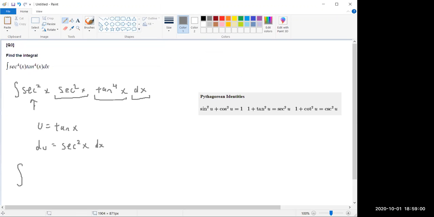We're using that second one, right? We're using this one right here. Yeah, I had it mixed up. Yeah, sorry. So using that identity, we can rewrite the secant as 1 plus tan squared x. I don't like how that looks.